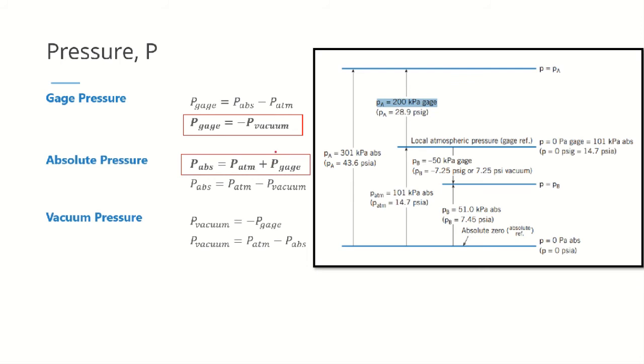So yun, pag binigyan ka ng gauge pressure, i-add mo agad yung atmospheric pressure. Also, absolute pressure is equal to atmospheric pressure minus the vacuum pressure. So, kung binigyan ka ng vacuum pressure na negative na, so negative 15, wag mo nang gawing positive. So, lagi kasi itong minus.